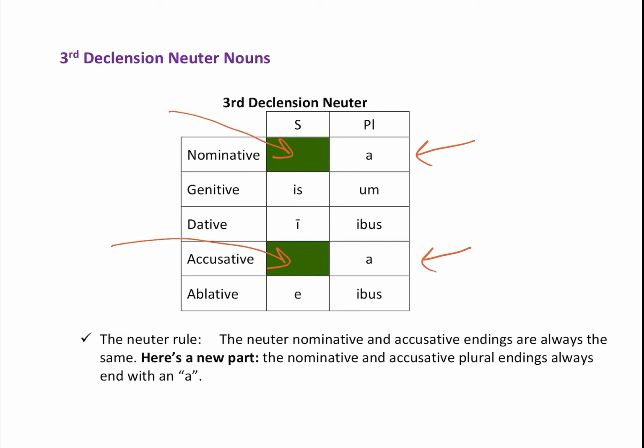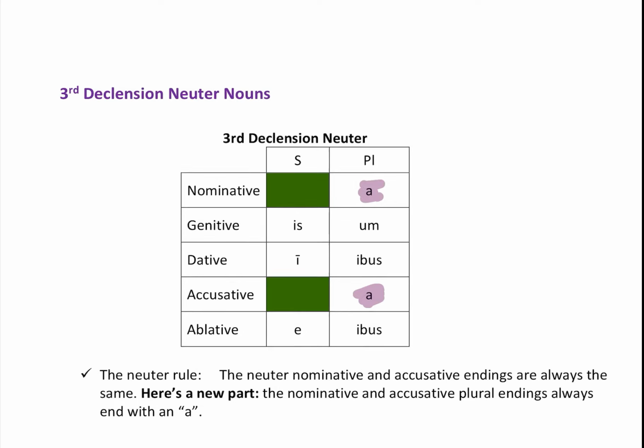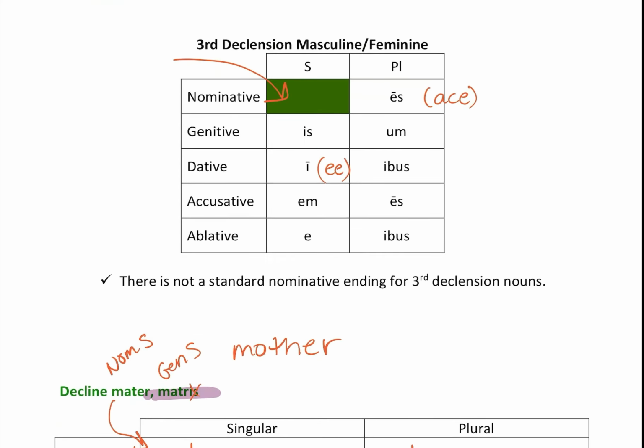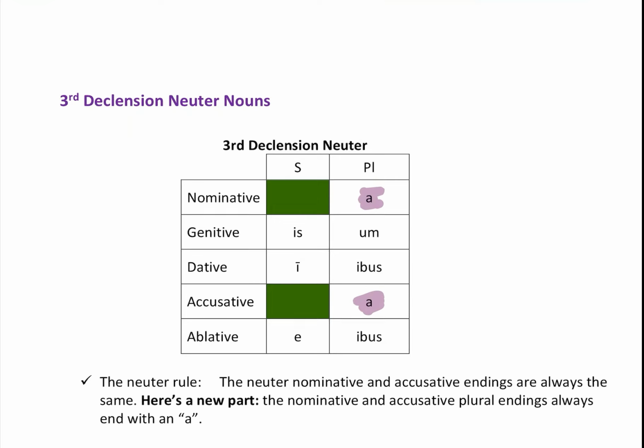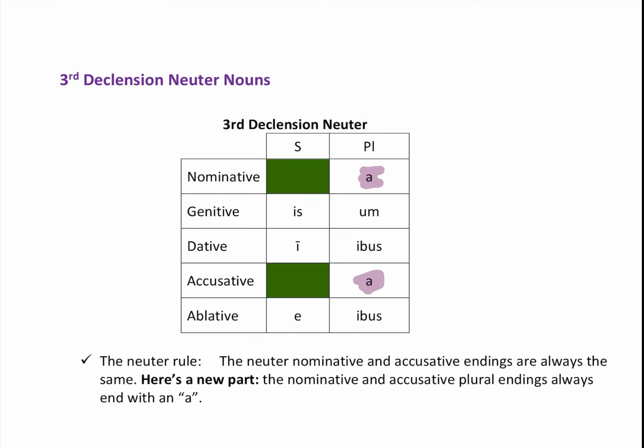So let's highlight anything that's different. The only things that are different from the masculine and feminine chart that you did are the nominative and accusative. So if you know one and you know that nominative and accusative plural ends in A, that should be pretty easy for you.